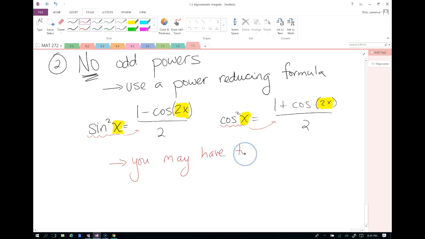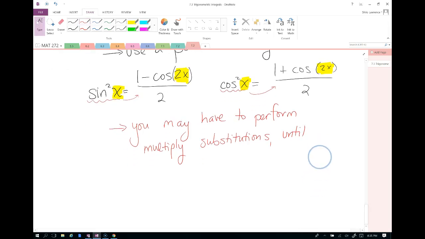So you may have to perform multiple substitutions until you arrive at an expression that has no exponents.